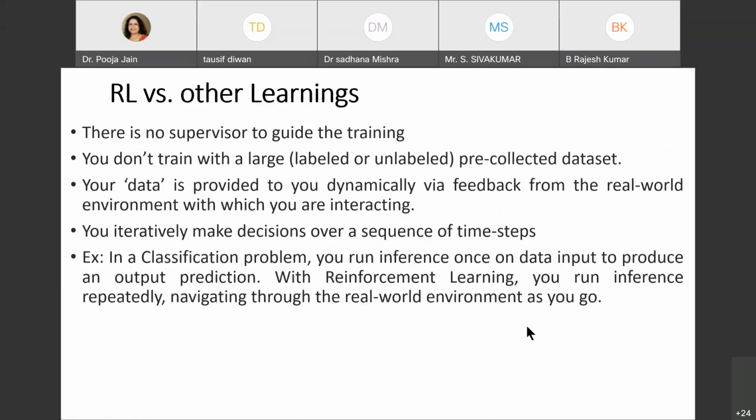And what is the difference between reinforcement learning and other kinds of learning? Here, see, there is no such supervisor as was present in case of supervised learning. Here, we do not train with a large labeled or unlabeled pre-collected data set, as we are doing in case of supervised learning or in case of unsupervised learning.